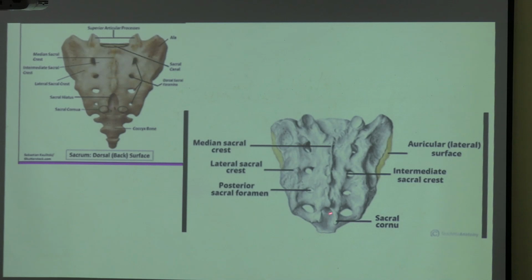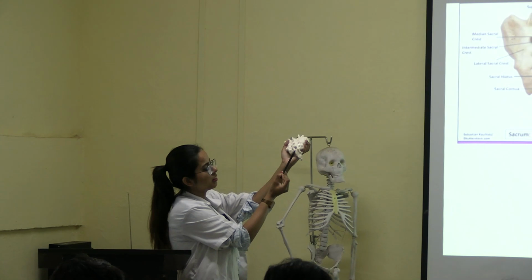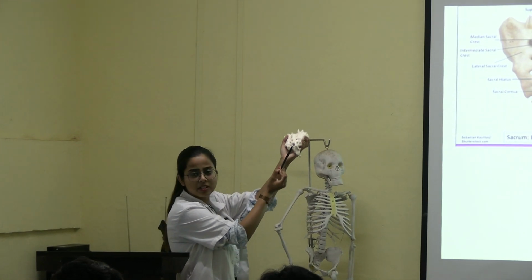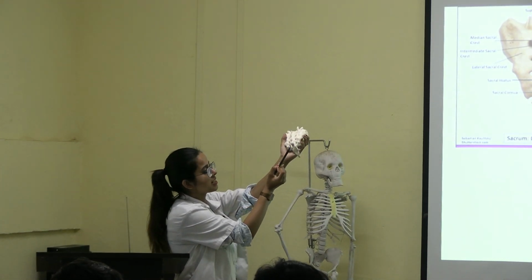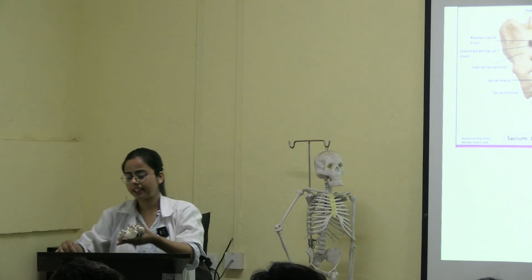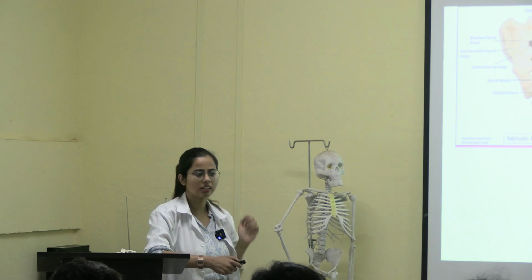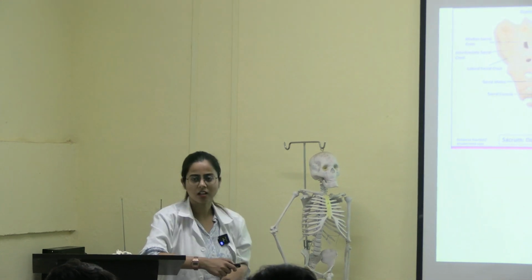Now you can see two projected parts here, this one and this one, on either side of the sacral hiatus. This is basically the inferior articular process of the S5 vertebra. Understood?